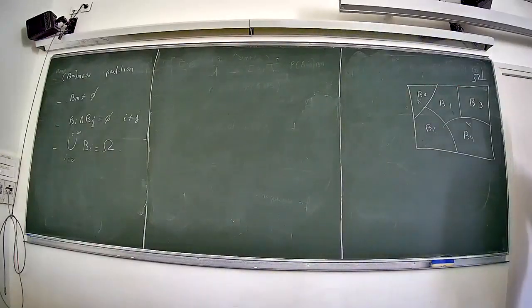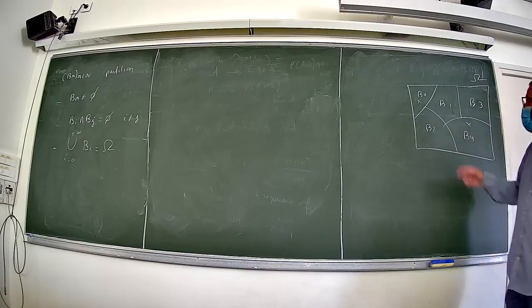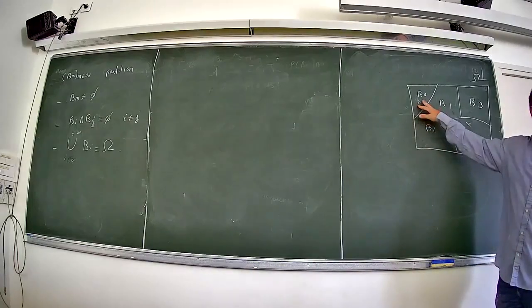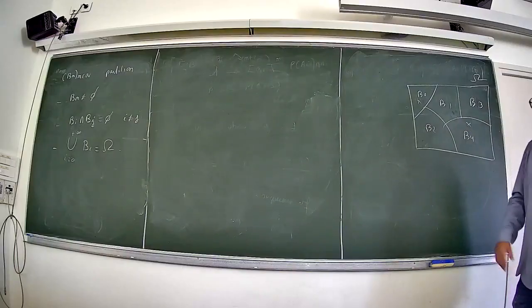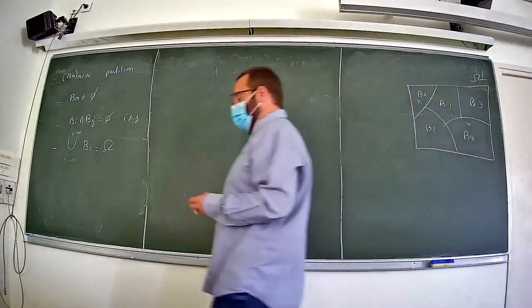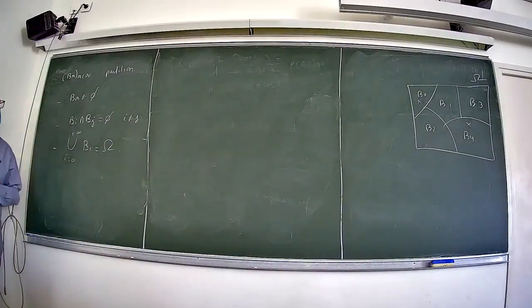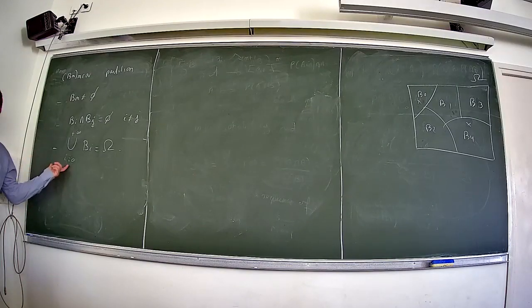We often use this when we count: if you have to count all the elements of omega, it can be boring, but sometimes it is better to count all the elements of B0, then all the elements of B1, and so on, and do the sum at the end to obtain all the elements of omega. This is the intuitive meaning of partitions. This is the definition of a partition I reminded you of in the slides concerning the prerequisites.